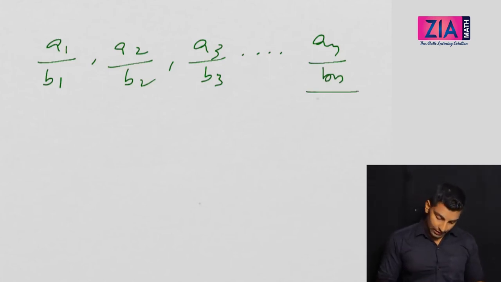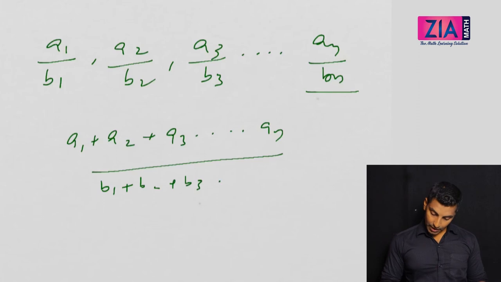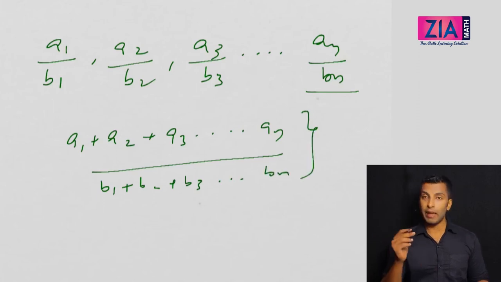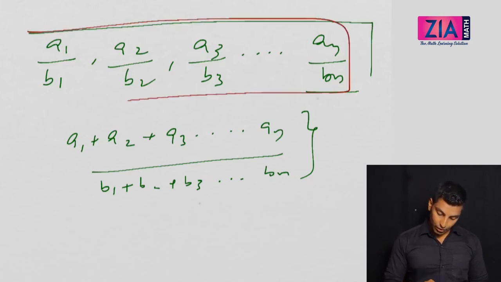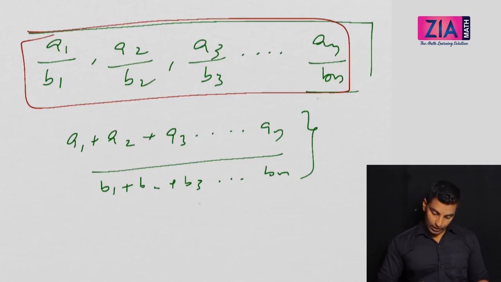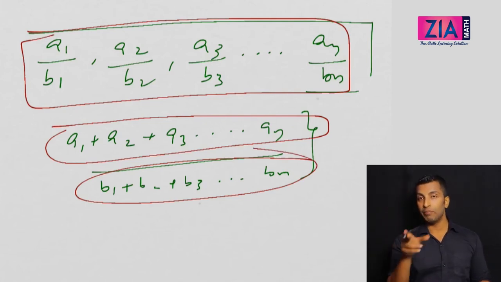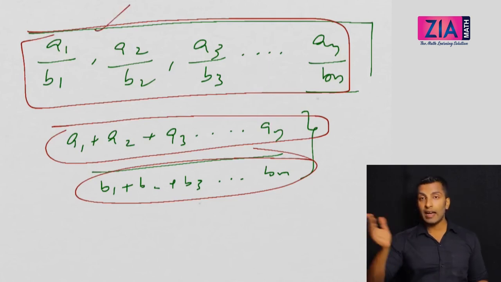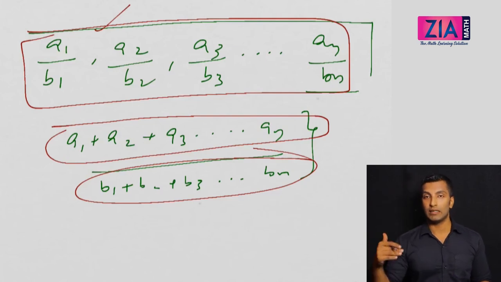Then the ratio a1 plus a2 plus a3 up to an, adding the numerators, divided by b1 plus b2 plus b3 up to bn, will lie between the lowest among these ratios and the highest among these ratios. So if you take the ratio of the sum of numerators and the sum of denominators, that will lie between the lowest and the highest. This is very useful when you solve questions. We'll come up with examples in the next session.